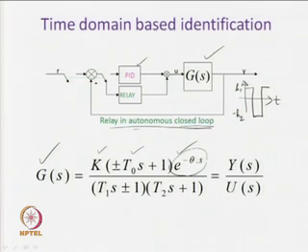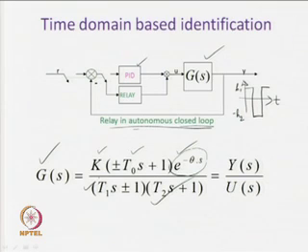Further, the transfer function has two poles, one left hand side pole denoted by T1 s plus 1, and either a left hand side or a right hand side pole given by the term T2 s plus minus 1. Thus, we see that unlike the earlier cases, the transfer function model has two poles and one zero, and the zero can be located anywhere in the S plane.